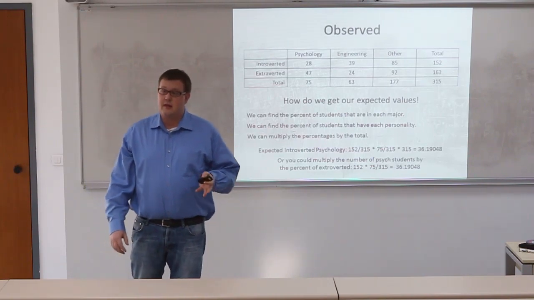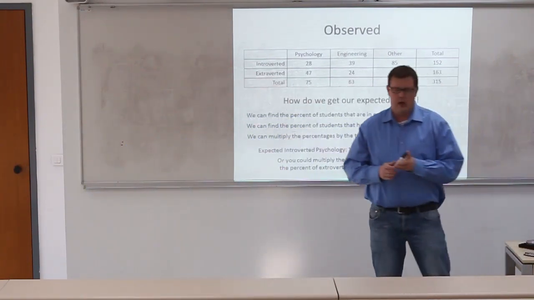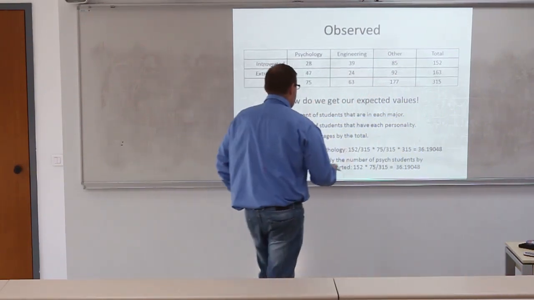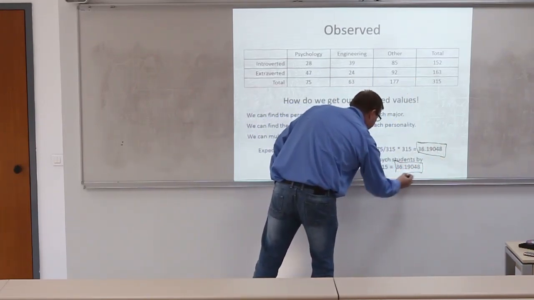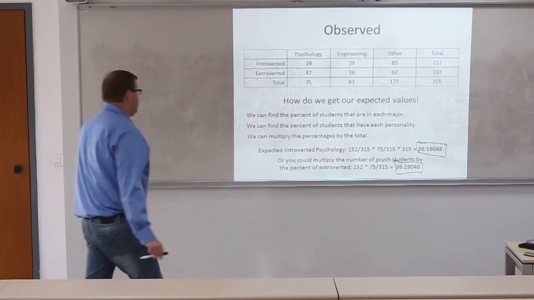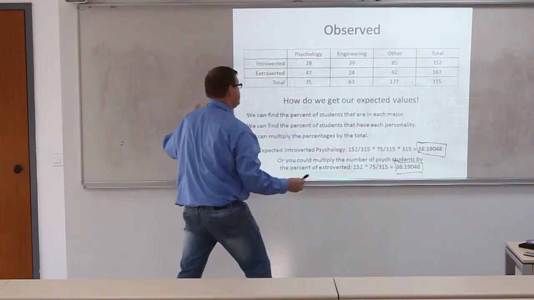Last class we finished on this slide, and there are a couple of things that people asked, and I wanted to cover those things now. The first one was about whether or not these two equations were equivalent. So I said we multiply the percentage of students in each major.